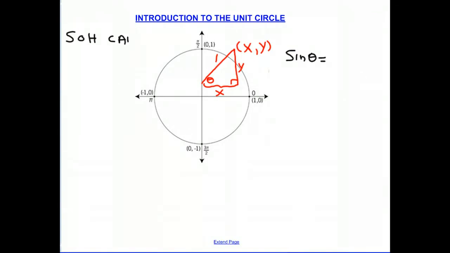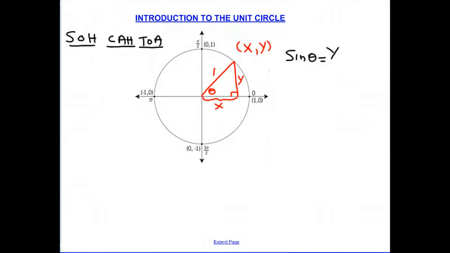So, SOH CAH TOA, where sine is opposite over hypotenuse, cosine is adjacent over hypotenuse, and tangent is opposite over adjacent. And so sine is opposite over hypotenuse. Therefore, it would be the y value, which is opposite the angle theta, over the hypotenuse, which is 1. So the sine of theta is equal to y.